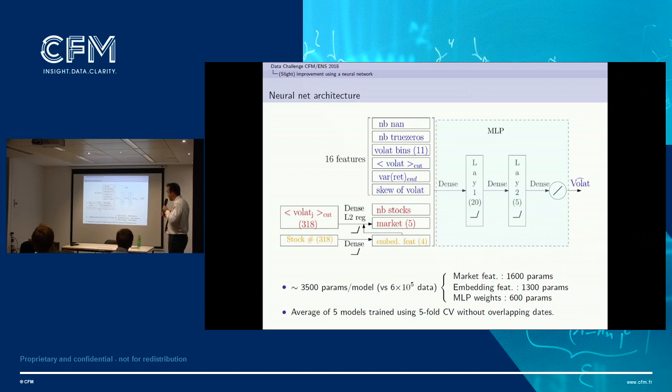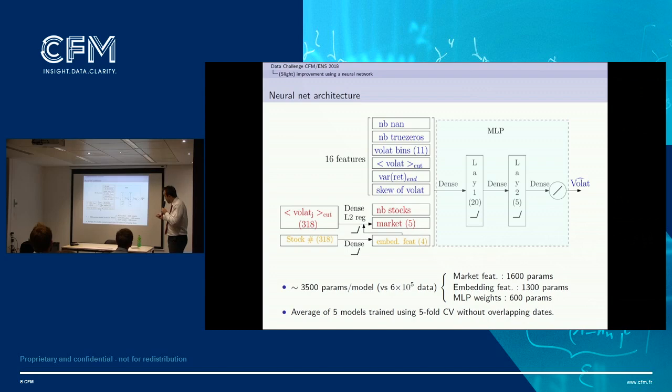So we retain kind of the same features as for the linear regression here, but we take in account the stock number in a different way, which I will explain later, using embedding features. So here we have 4 embedded features with a dense layer. And the market as well is not represented using the correlation matrix, but the correlations are learned by the net.